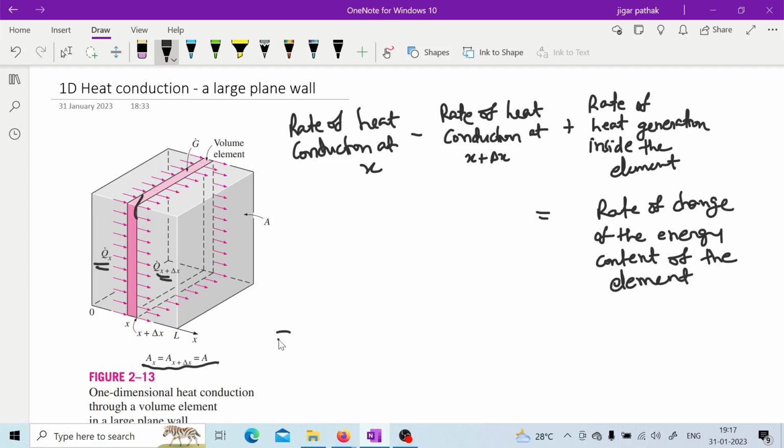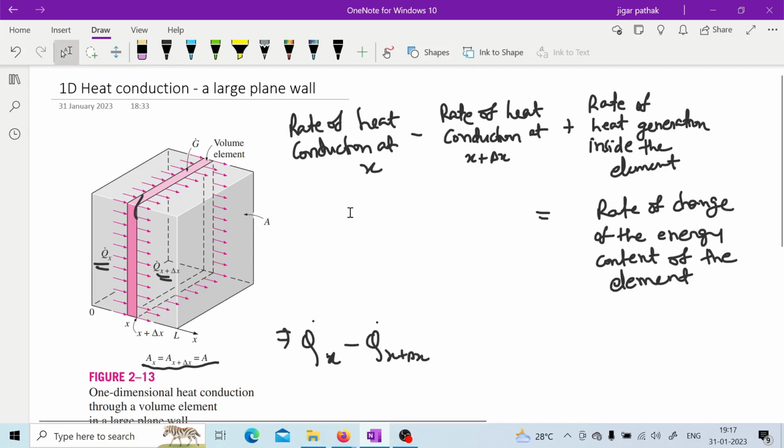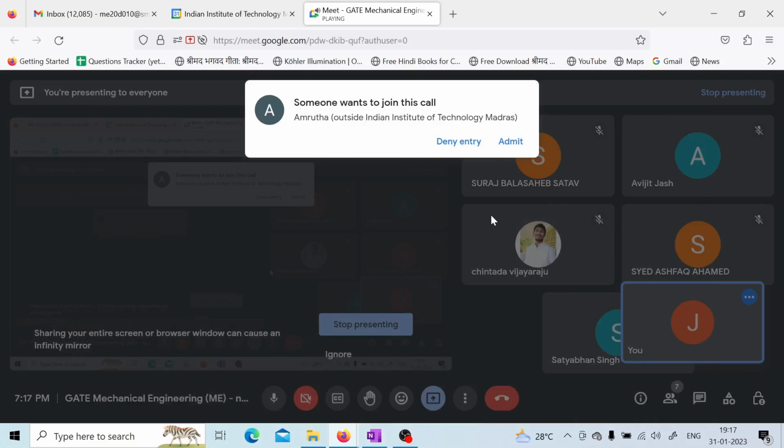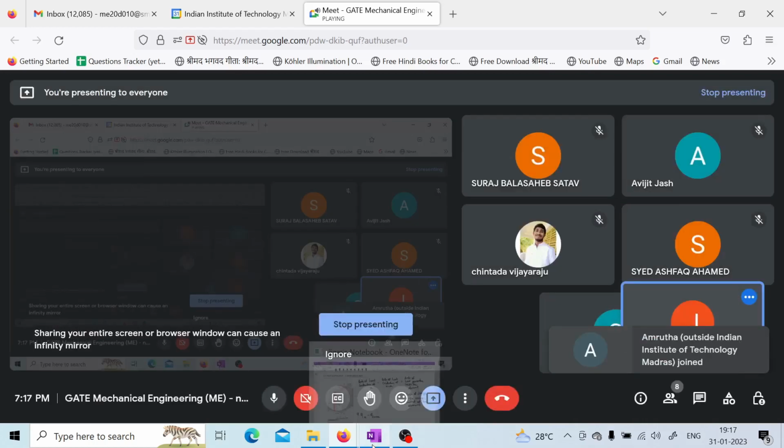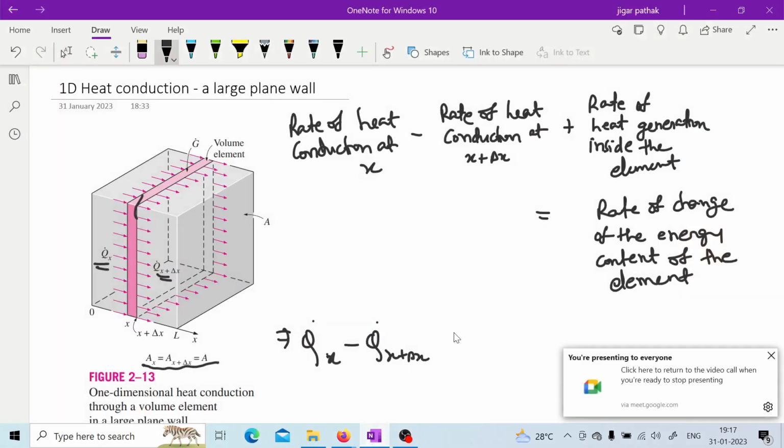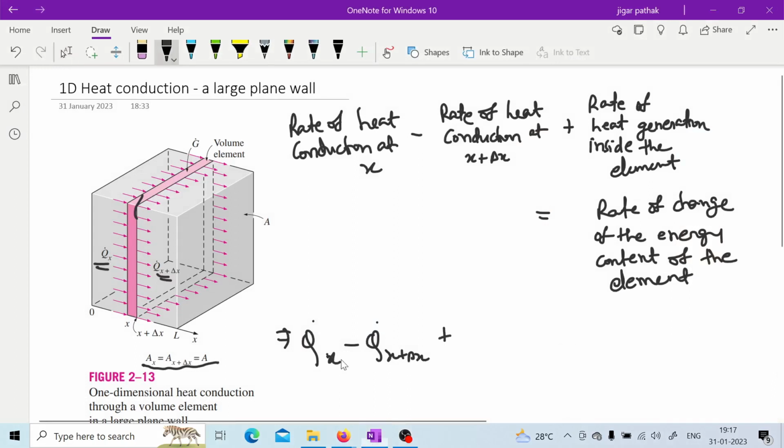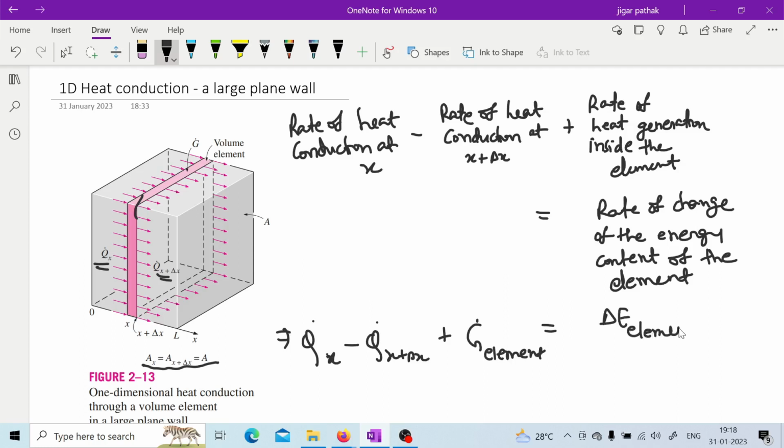So if we further write and simplify, then qx minus qx plus delta x plus this generation, as we have discussed, will be equal to delta E of element per time, right. We are considering the rate.